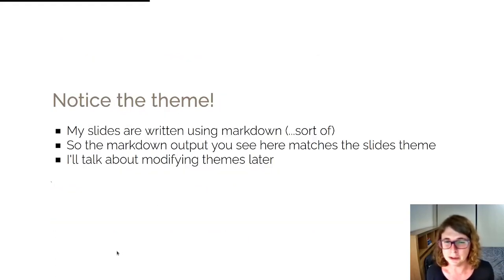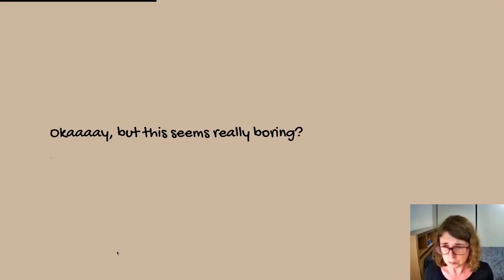And that's not a coincidence because my slides are written using Markdown, kind of. So what's happening here is that the Markdown output that you're seeing when you look at my slides is being created by using theming or styling information that my slides provide. And I'll talk about how to modify the themes of your documents later on in the process.